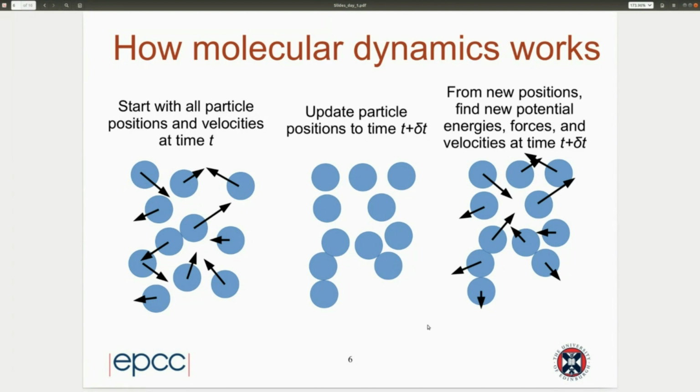Based on those forces, you find the new velocities that each particle would have in that new position, and you'll find yourself with new updated positions and new updated velocities, which means that you can move those forward by a further delta t, and keep doing this as long as you like.